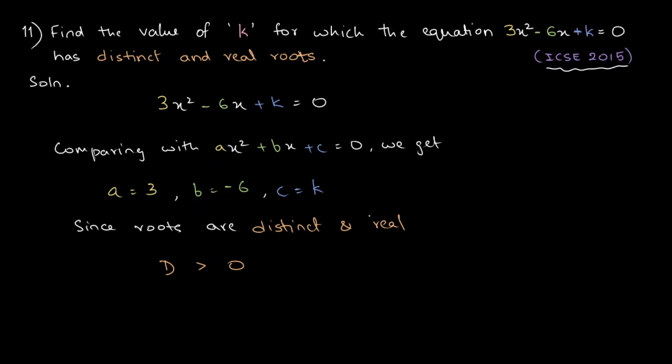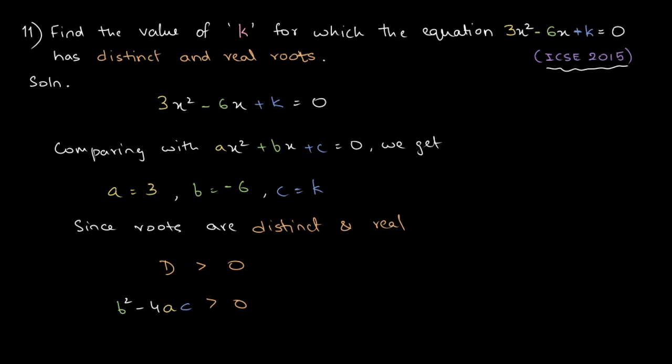Real and unequal roots are possible when the value of D is greater than 0. So that means b squared minus 4ac, since D is just b squared minus 4ac, must be greater than 0.